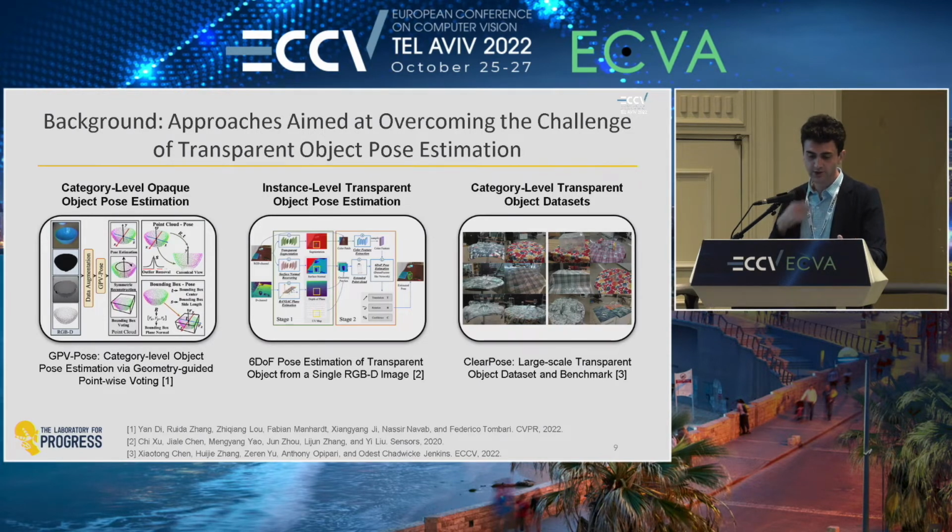Recently there has been work we're trying to leverage at the instance level for transparent objects. These works typically tailor the neural networks, or at least the algorithms, to specifically handle that lack of distinguishing features. The insight that we bring in this project is that there are some recent large-scale category-level transparent object pose data sets. In particular, the one that we use in this project is ClearPose, which is also being presented this year at ECCV on Tuesday, to try and move from instance-level transparent pose estimation to the category level.